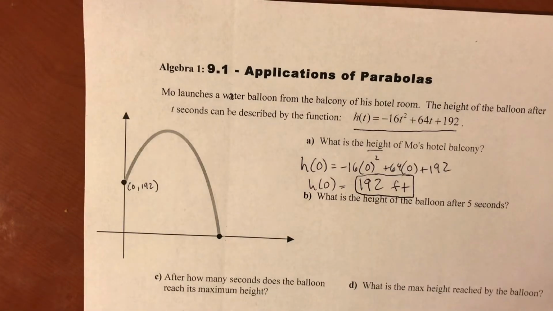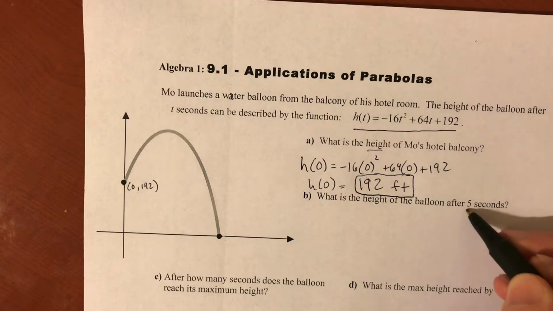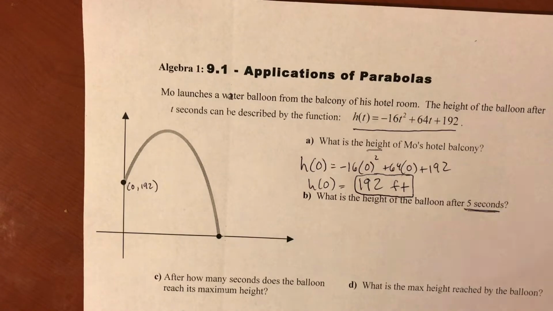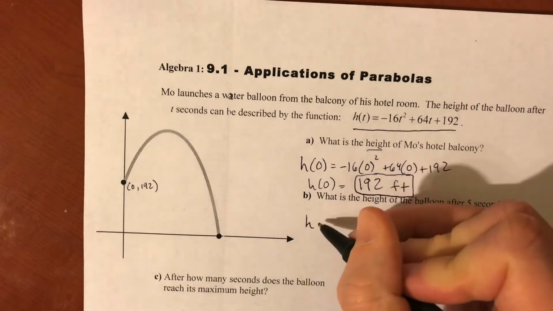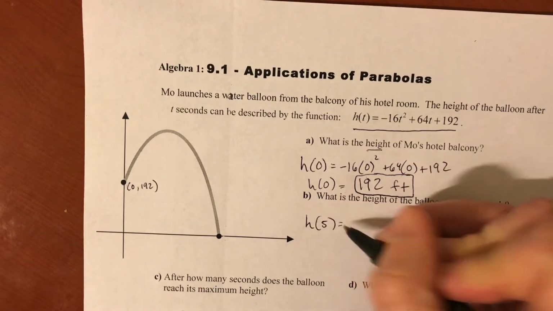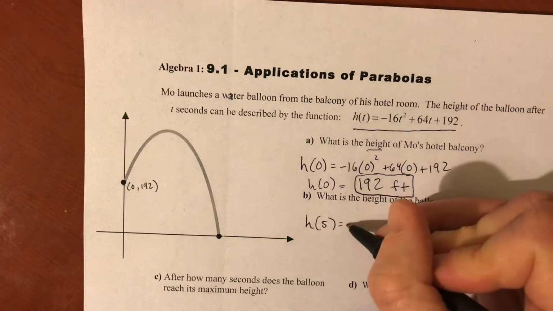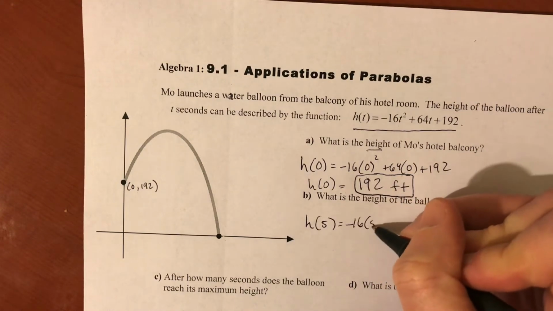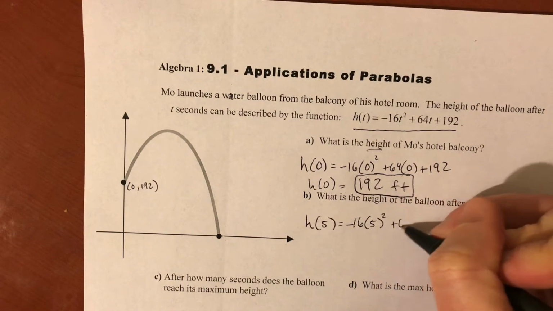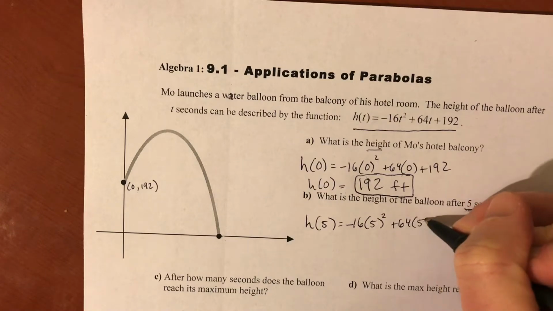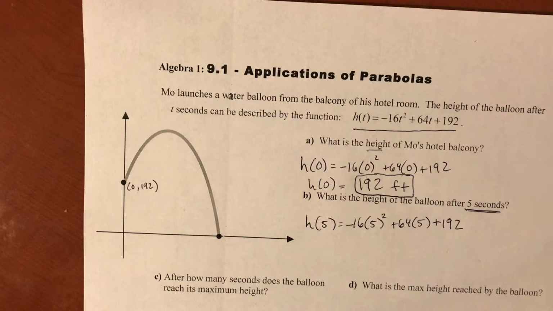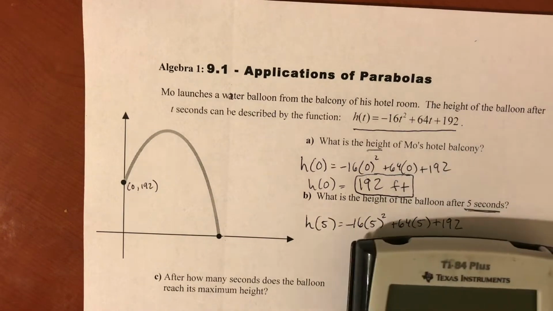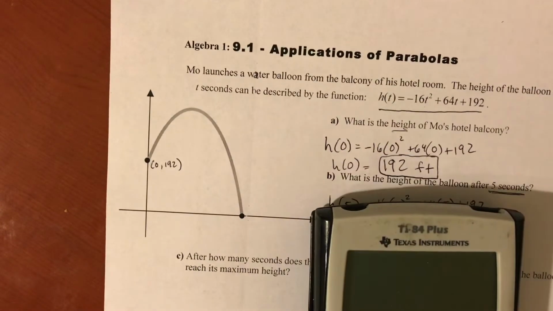Part B, what is the height of the balloon after 5 seconds? And the way this function works is it will give you the height after any given time. All you've got to do is plug that time into the function. So if I want to know the height after 5 seconds, I'm going to plug 5 in for t. So h of 5 is, and you can do this by hand, or I'm going to plug it into my calculator.